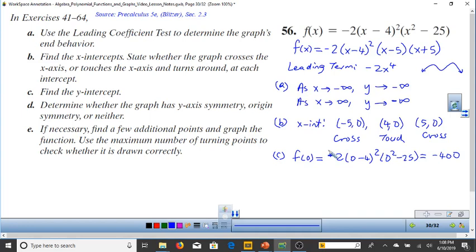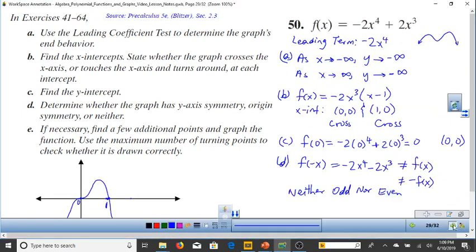So let's take a look at what the graph will look like. Oh, this is negative 400. 0, negative 400.